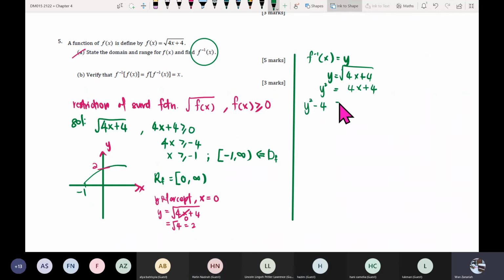Y square minus 4 equals to 4X. And then divide 4. Y square minus 4 over 4. And then tukar sahaja, F inverse X adalah Y ni gantikan dengan X. X square minus 4 over 4. So ini adalah F inverse.